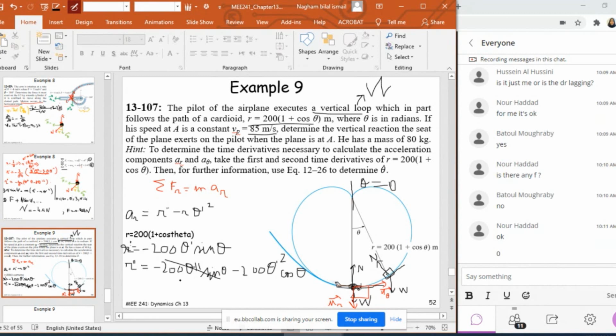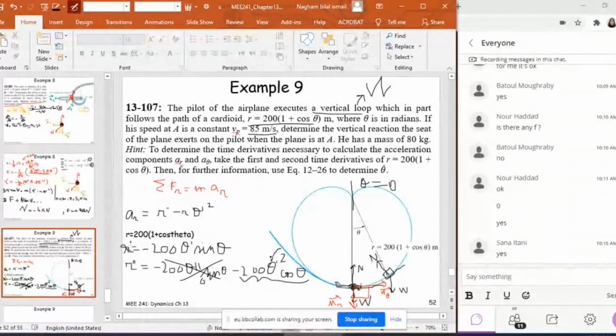Which means, guys, that this term will vanish because sine theta will be 0. So I don't have to find what this term is. Now, what about this term? I know that cosine theta will be 1 because theta is 0.